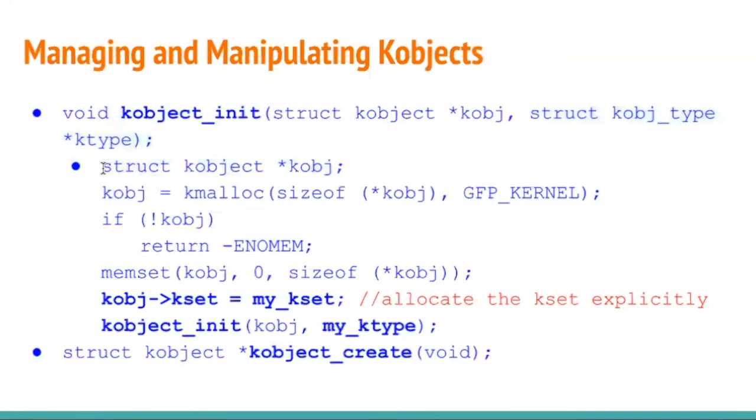So if you see, we allocate the memory for the kobject, then we set the kset field of that structure. Here, my kset and my ktype, we are allocating them based on our requirement.